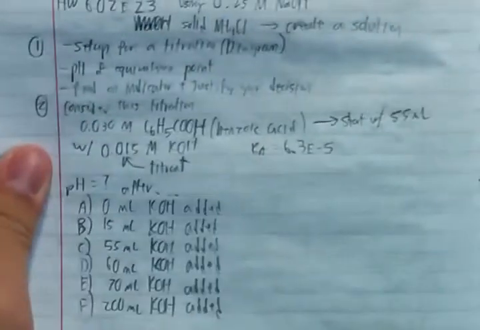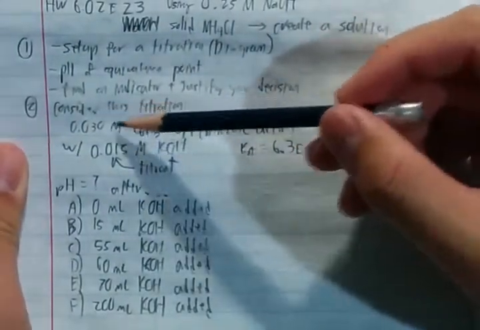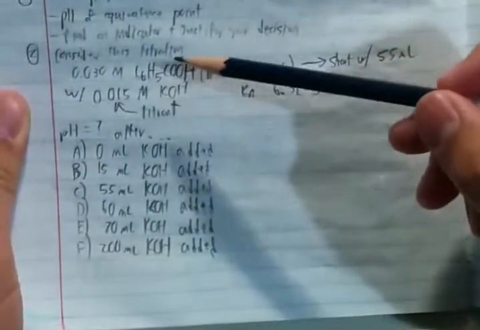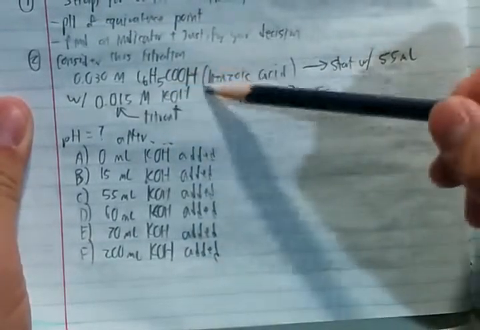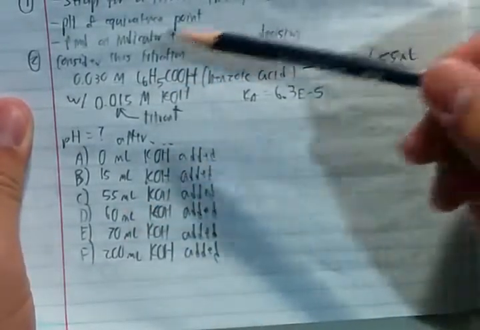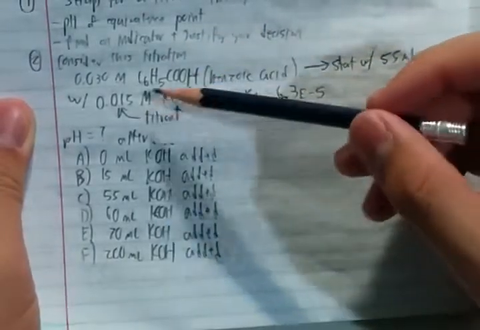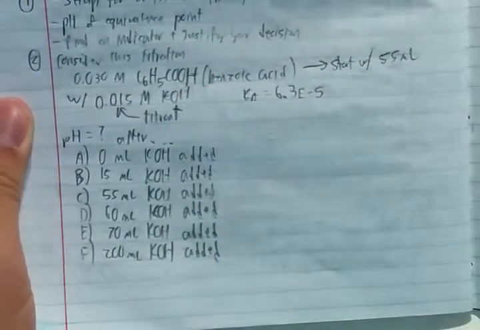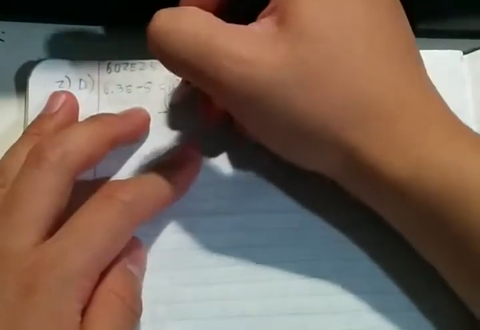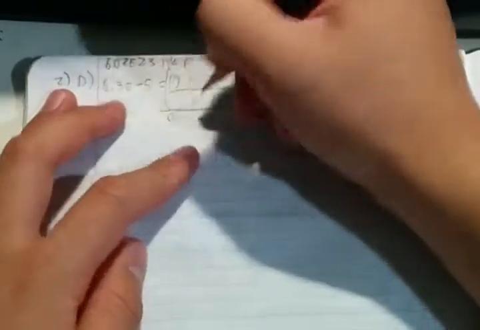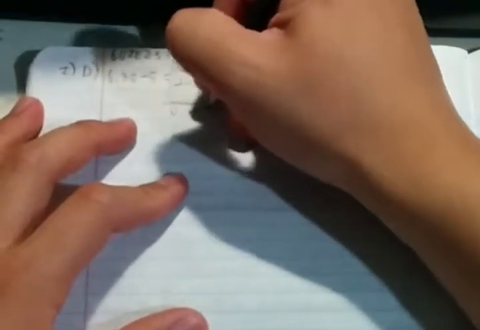So let's see. Since all of this is going to react with the 0.015 M KOH of the 60 ml, it's going to be the mole content of this minus the mole content of this. To write that out, it's going to be 0.030 M of the benzoic acid.